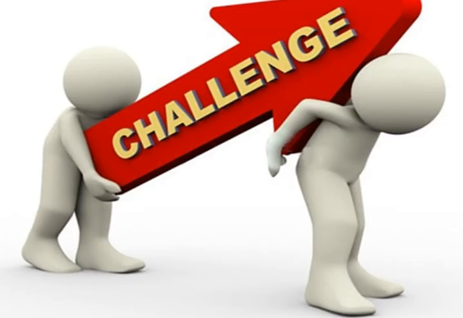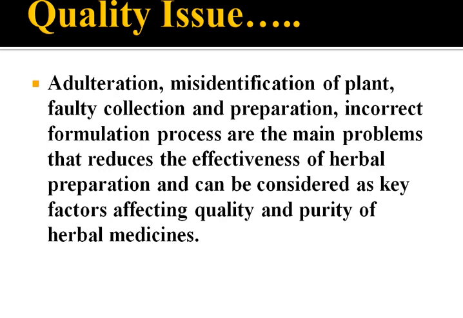In this video lecture, we are going to discuss the challenges faced in formulating herbal cosmetics. The first one is the quality issue. If we talk about adulteration, misidentification of plant, faulty collection and preparation, what does it mean?